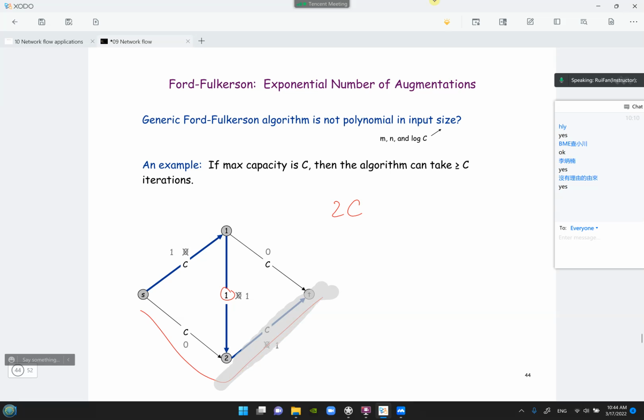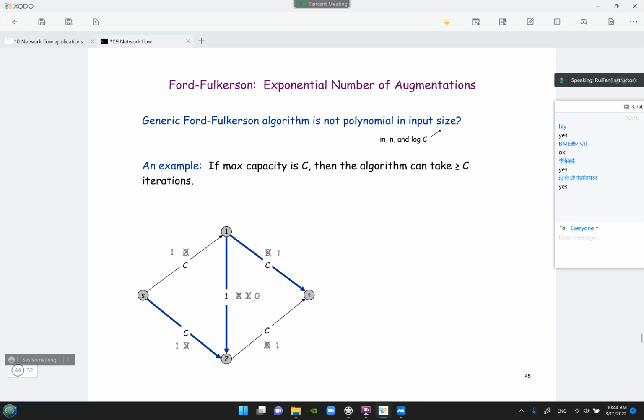But if you run Ford-Fulkerson, you could end up always finding these sorts of augmenting paths. So this is an augmenting path, but the bottleneck for the path is just 1. So you can only send one unit of flow on this path. You run one iteration and you increase the flow by 1. Then you run a second iteration, and let's say that you got unlucky and you found this as your augmenting path.